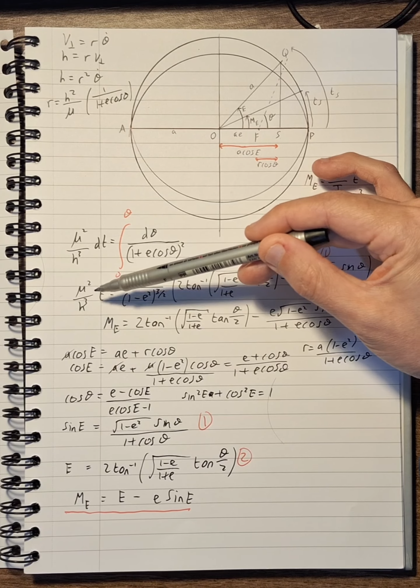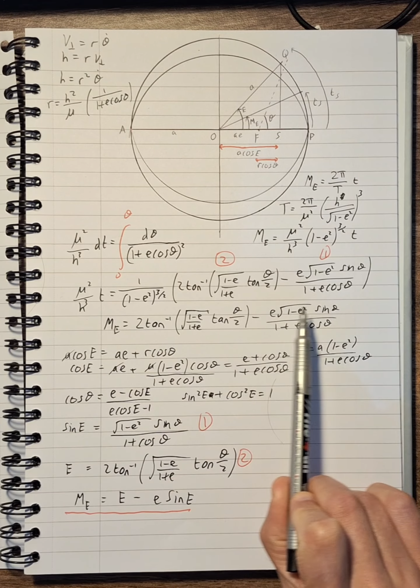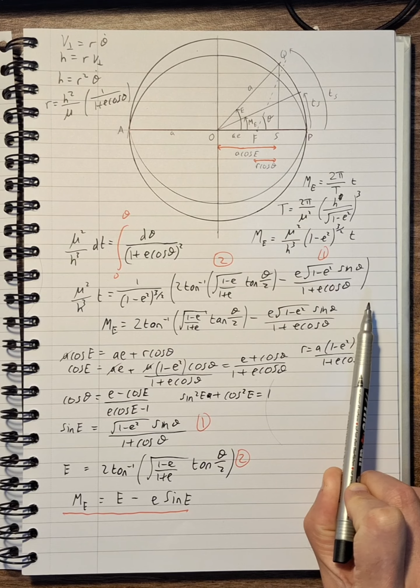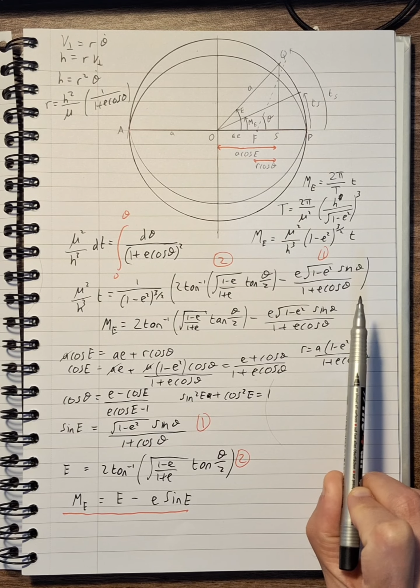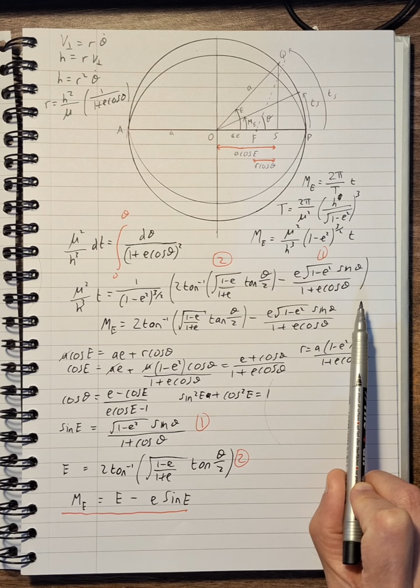The left hand side is a constant, so it just becomes t, and the right hand side becomes this hideous equation that isn't detailed in the book. The book forwards us on to another book to look at that integration. I haven't worked it out, but if you want me to, leave a comment and I'll give it a go.